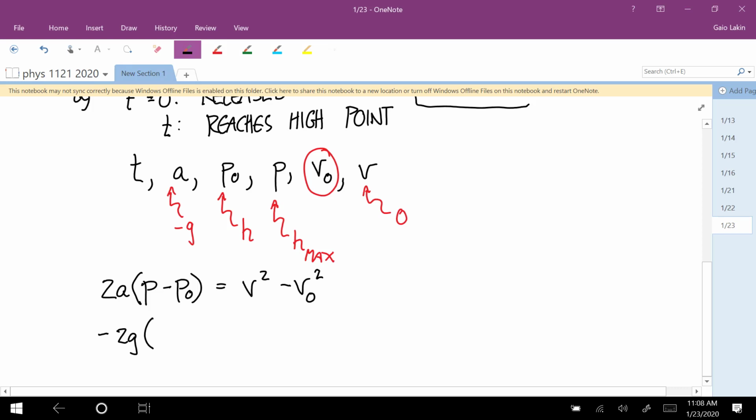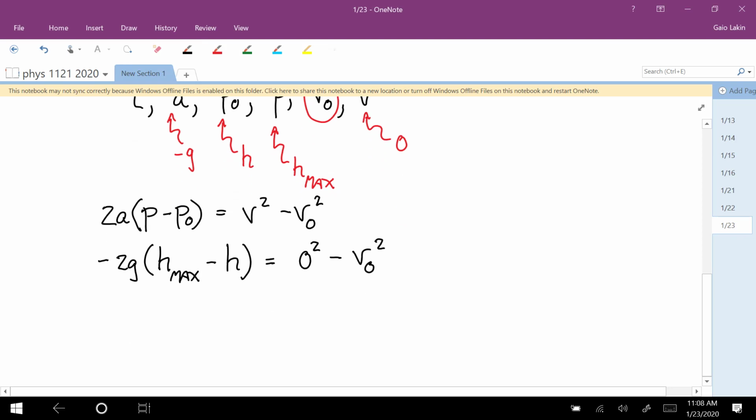So p is h max minus h is equal to 0 squared minus v0 squared. You can divide both sides by -1, and you get 2g times the quantity h max minus h is equal to v0 squared.